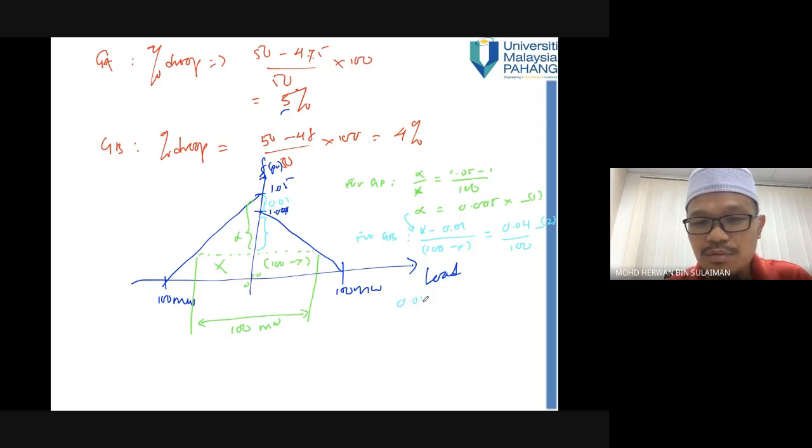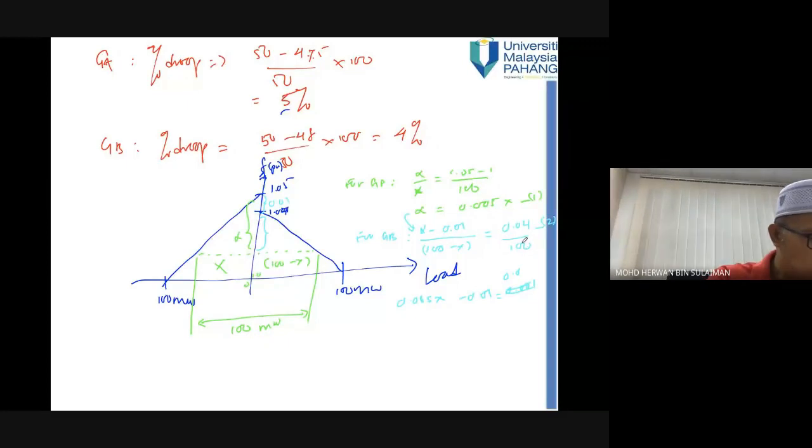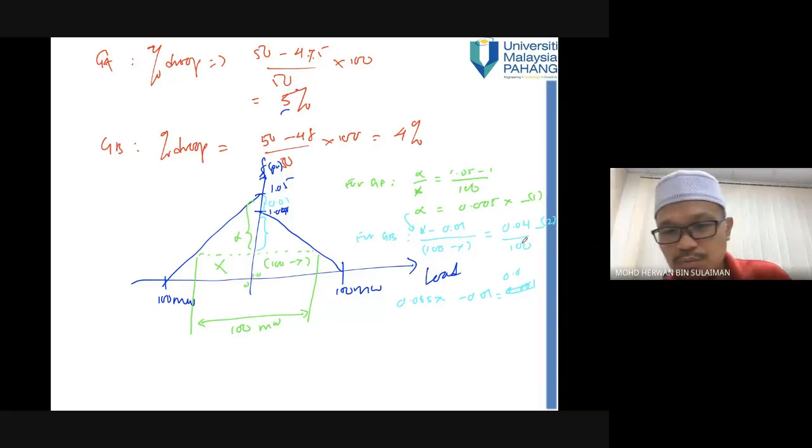So you get 0.005x minus 0.01 equals 0.04 divided by 100 times 100 minus X. You get 0.04 minus 0.0004x.